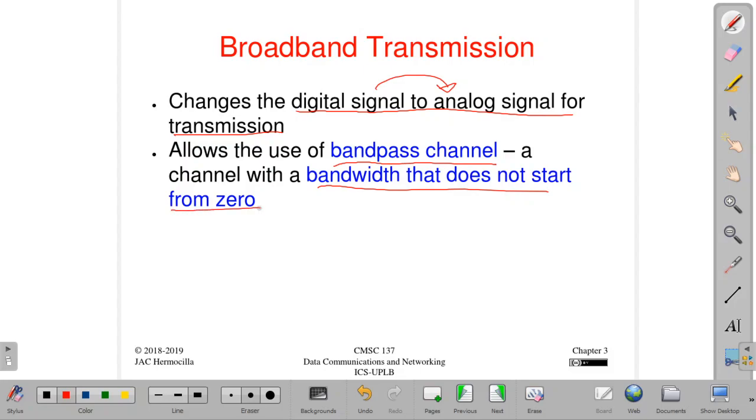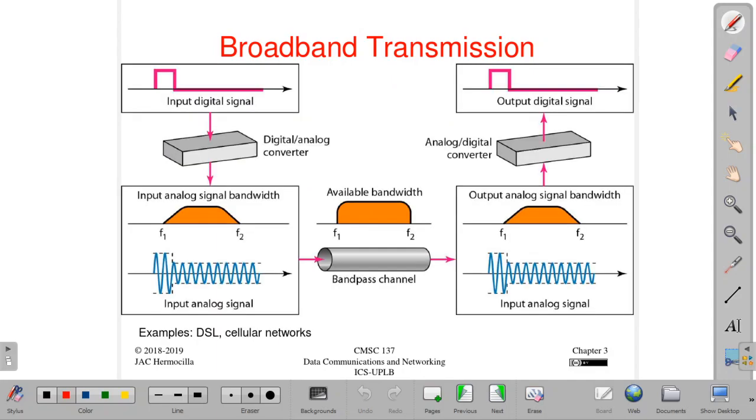Okay, because there are some transmission media with a bandwidth that does not start from zero. So you need to adjust the signal, translate it actually. An example will be DSL, digital subscriber line, and cellular networks.